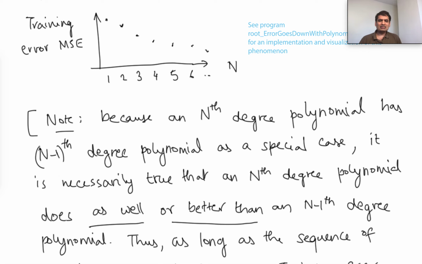So anything an n minus 1 degree polynomial can do, an nth degree polynomial can do, and potentially much more. That's why when you increase the model complexity, the training error can either remain the same or decrease. It cannot increase by definition.